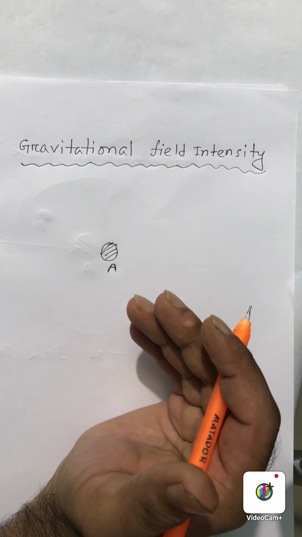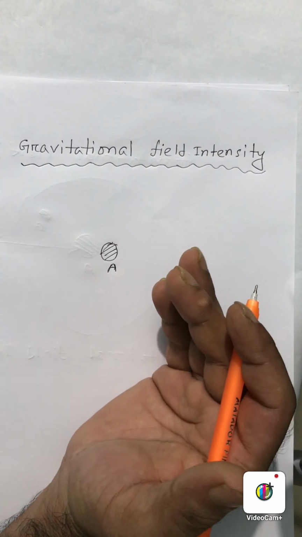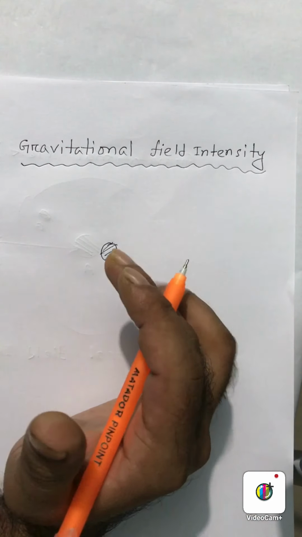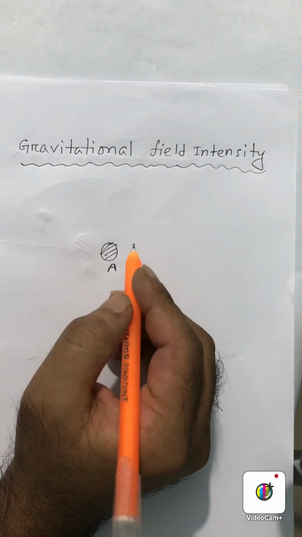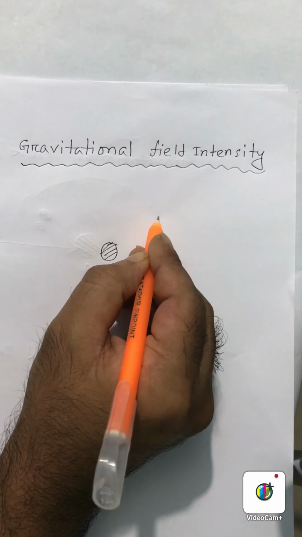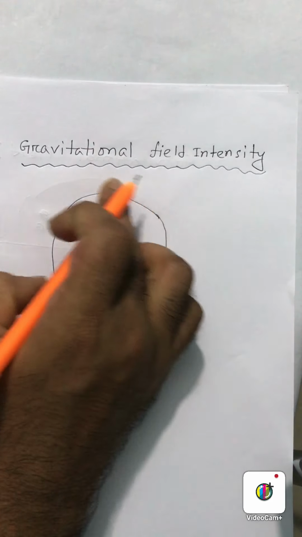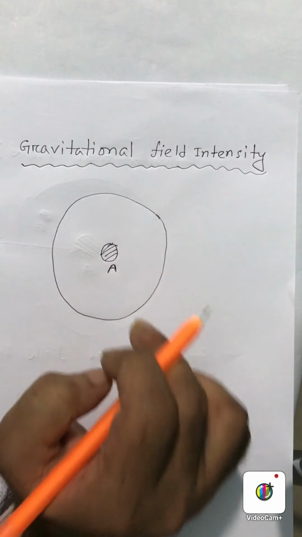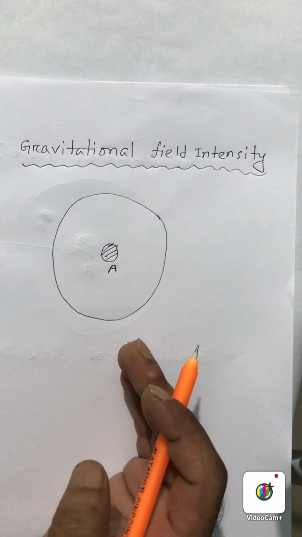Normally the gravitational field of any object extends from the object to infinite distance. This region is the gravitational field of the object A, and assume this region extends up to infinite distance.